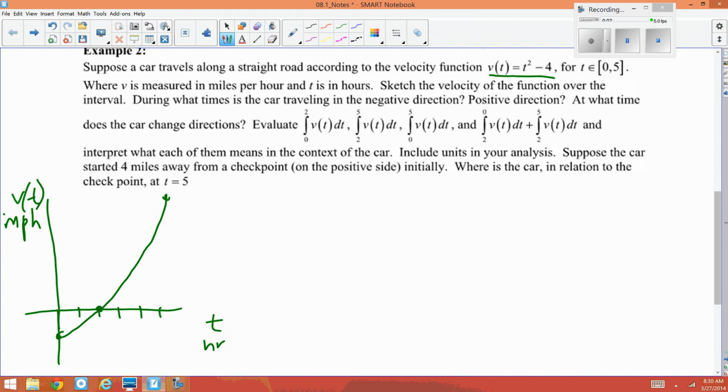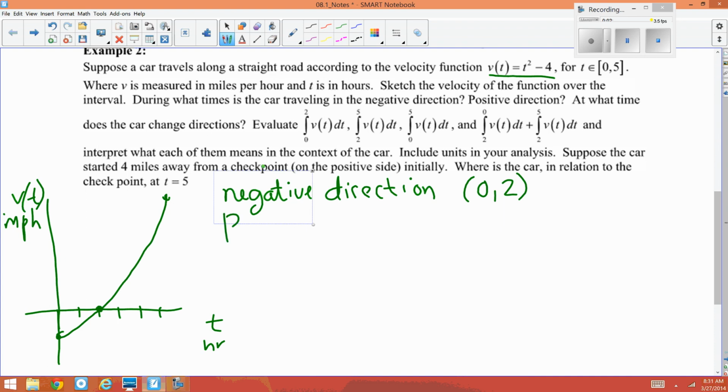I have the velocity function. During which times is the car traveling in the negative direction? Well, that would be any time the velocity is negative. So the car is traveling, and you should write this out, the car is traveling in the negative direction on the interval from 0 to 2.